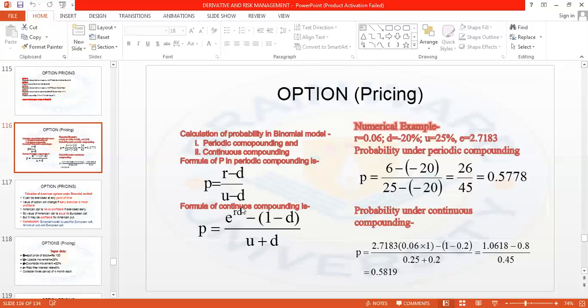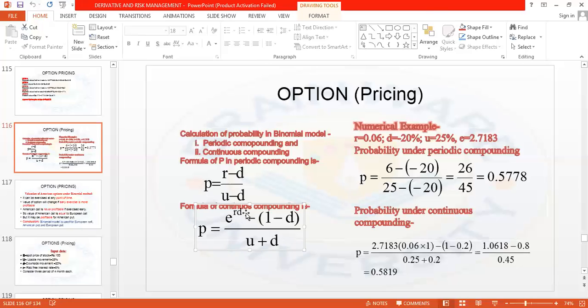This rate is estimated by using this particular formula, e to the power RT. It should be RT instead of RD. So T means time frame. Here we are considering each time frame equal to 1 year or one period. So whatever we have shown in the formula as e to the power RD, this D should be replaced by e to the power RT.